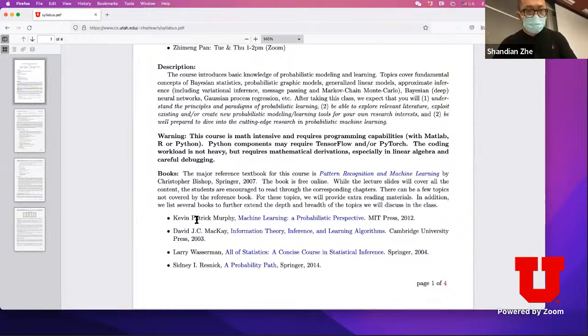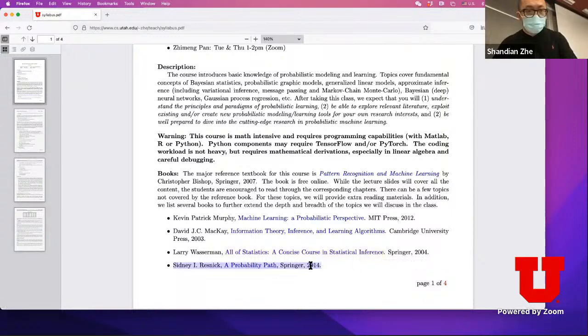And David MacKay, he has passed away. His book is very classical, connecting information theory, Bayesian inference, and learning. And Larry Wasserman, All of Statistics, the CMU professor who wrote this. This is very good. You can use it as a reference or dictionary if you want to look at some basic statistics definitions.